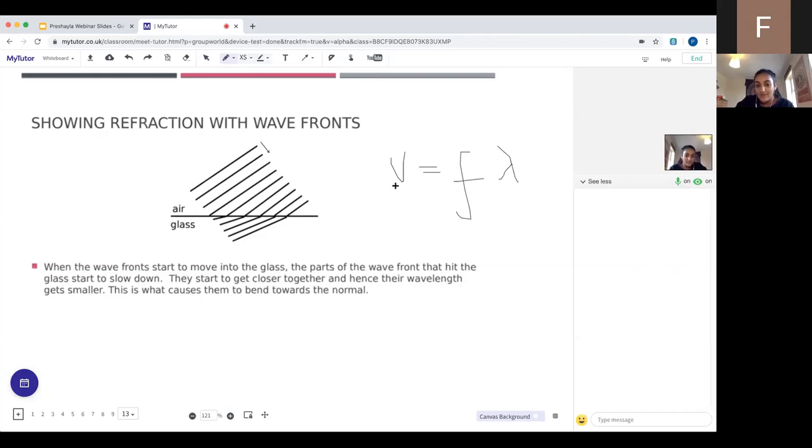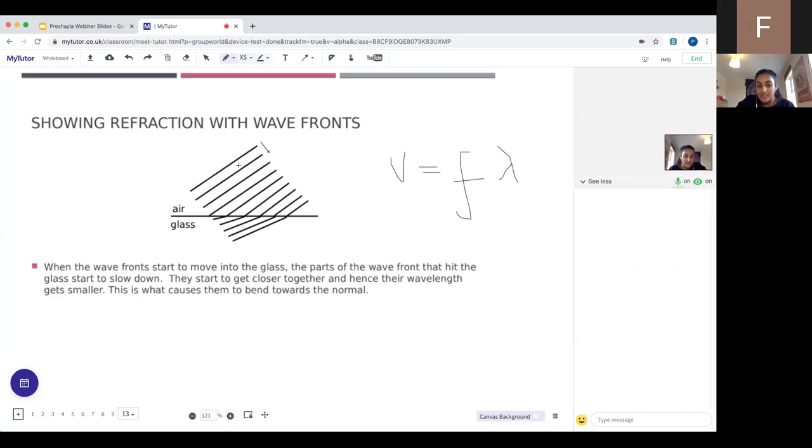So if the wave speed gets smaller, remember v is just wave speed, if the wave speed gets smaller or slower, the wavelength must also get smaller. That's exactly what happens when we go from air to glass. So this is showing refraction.